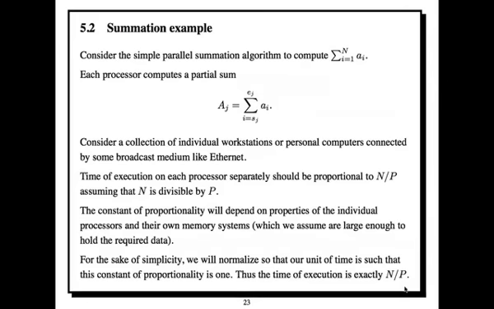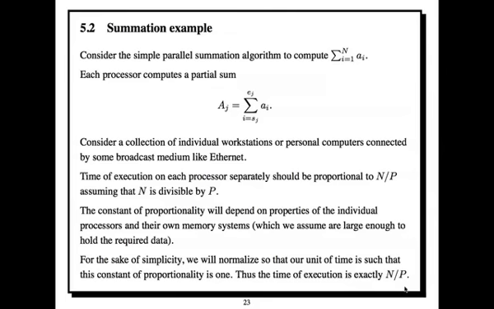Okay, so we look back at our summation example. Suppose we were to solve that on a very crude parallel computer, just a network of workstations connected by Ethernet. So in other words, to communicate, we have to just broadcast out over the network. And if we had P computers and we had to communicate P things, it would take order P time to do it.